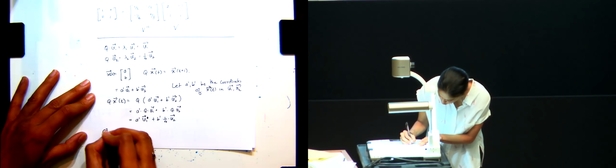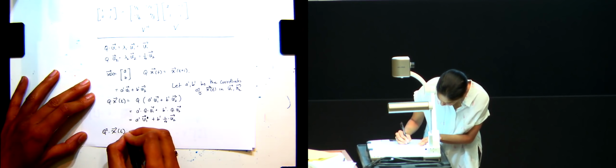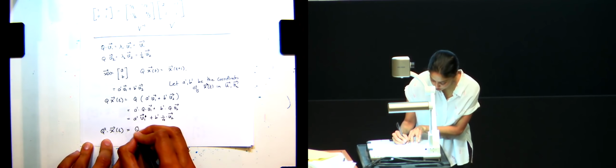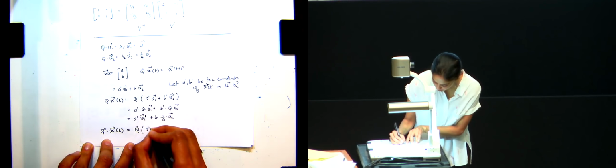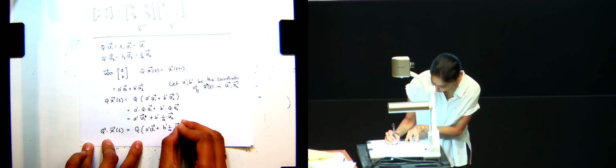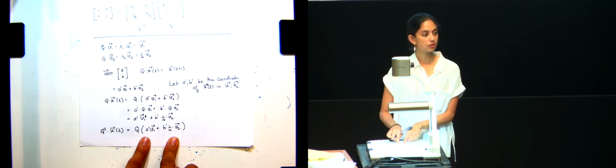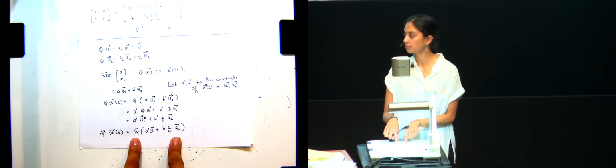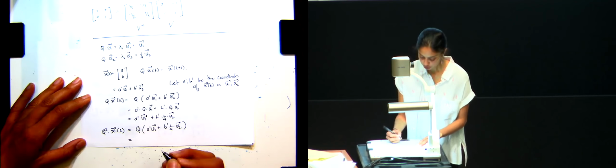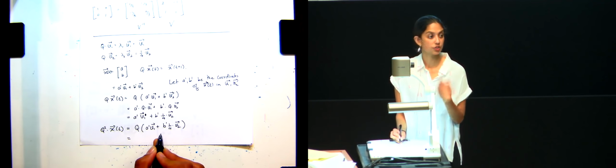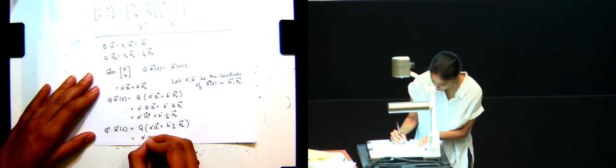What about Q squared times x of t? Q squared times x of t is just Q times a prime v1 plus b prime 1/4 v2. Q times x of t is this, so Q squared times x of t is just Q applied to this. Again, I can do the same thing. When Q hits v1, what happens? I just get back v1, so I get a prime times v1.